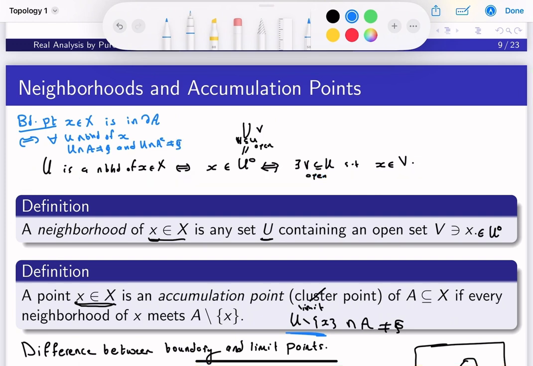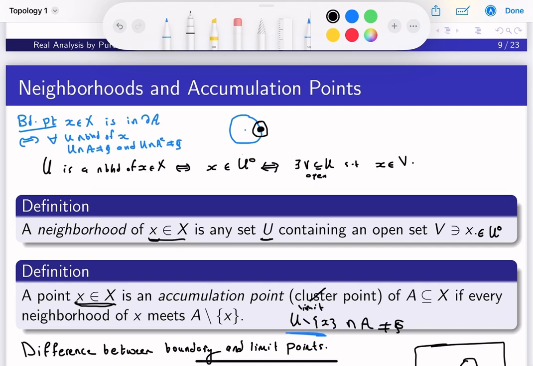So let me just show you what I mean here on a picture. If I have this disk, we usually say that elements here are boundary points, and the reason is, if I take any neighborhood of that point, for example any open ball around that point, then it must intersect the inside of the disk and the outside of it.